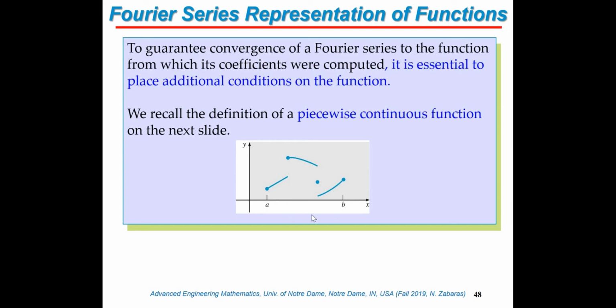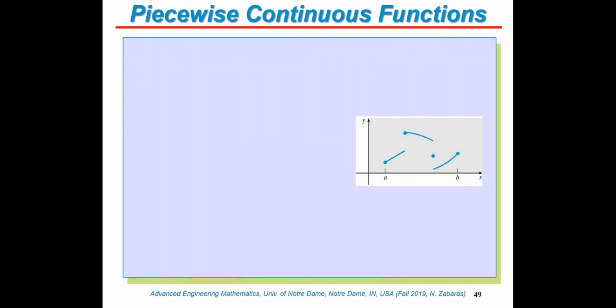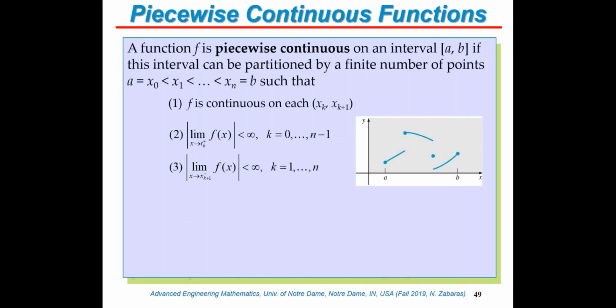Now, formally, the definition of a piecewise continuous function also requires some constraints on the limits of the function at the ends of every interval. So if I look at this central interval, basically these conditions 2 and 3 say that as I approach this point from the right, the limit of the function should be finite, and similarly as I approach this point from the left, the limit of the function should also be finite.